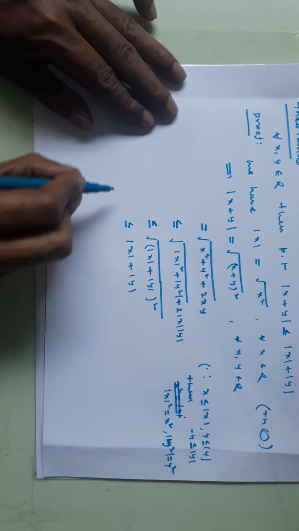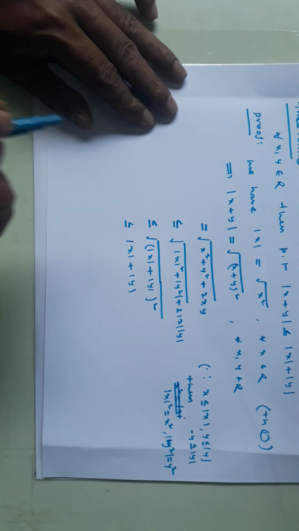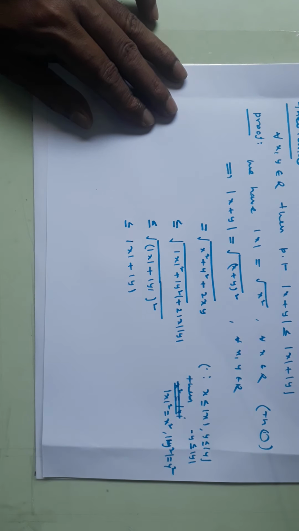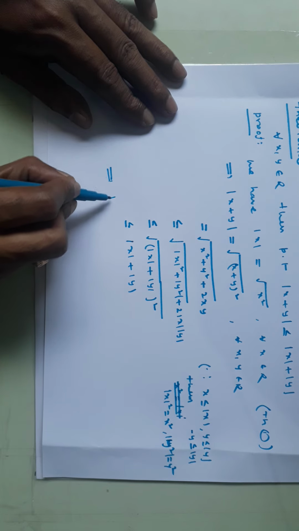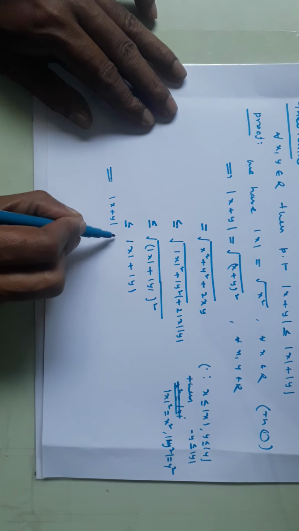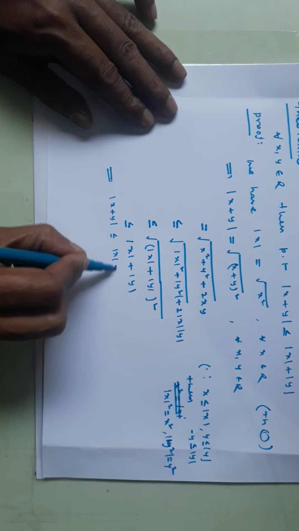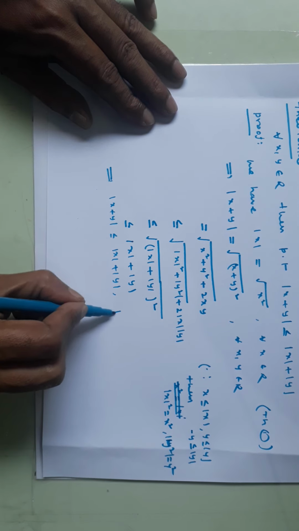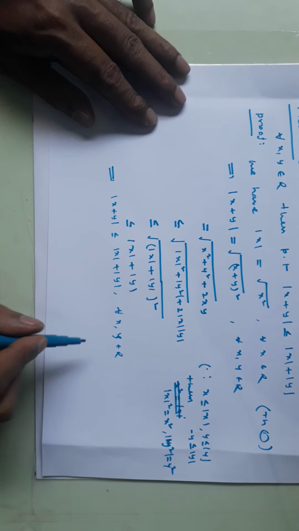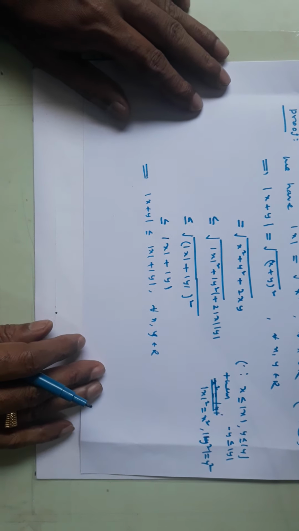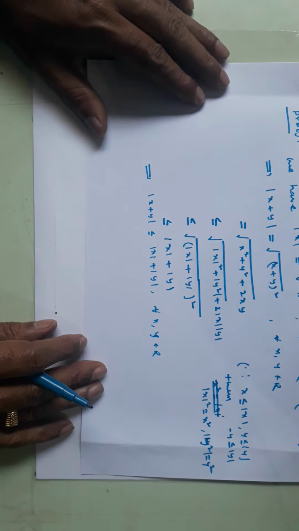So finally, mod of x plus y is less than or equal to mod x plus mod y, for all x, y belongs to R. This is the important theorem. Even this is given for 5 marks in examination.